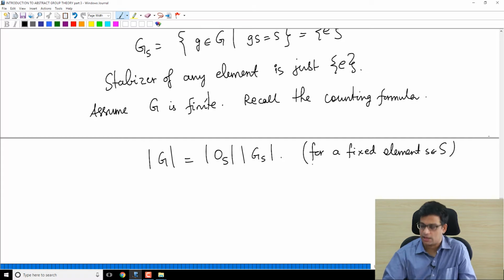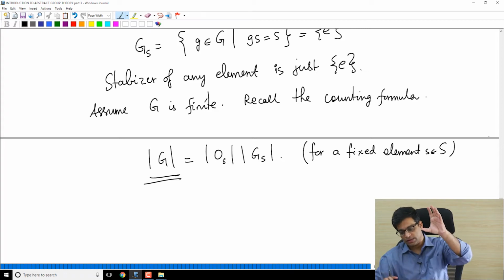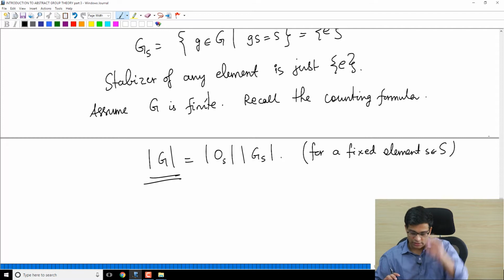Here again S is an arbitrary set and G acts on it. So remember the dynamics here. This left hand side is fixed. If for some element there is a large orbit, the stabilizer must be small. If the orbit is small, the stabilizer must be big, because the product of these two is the order of G.